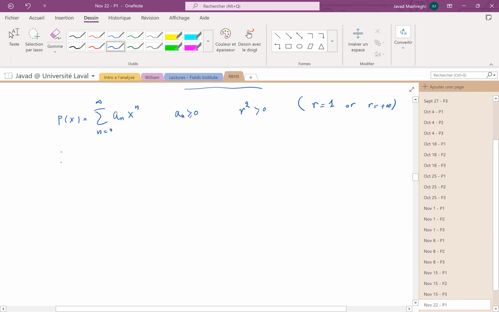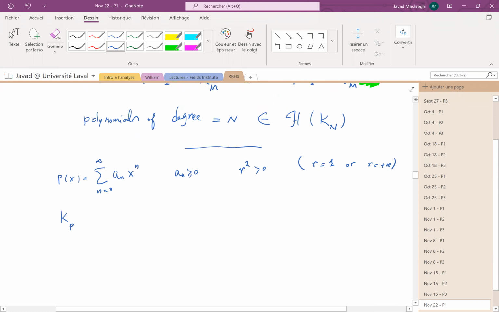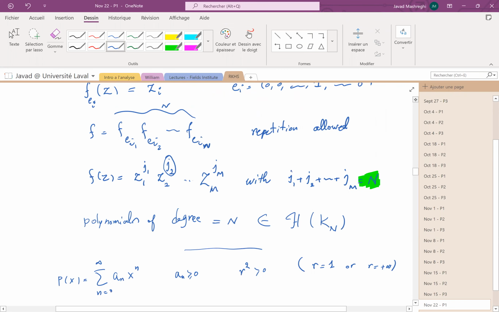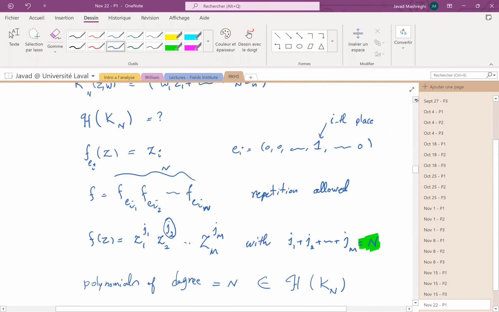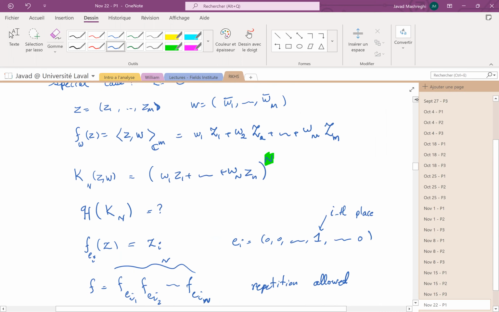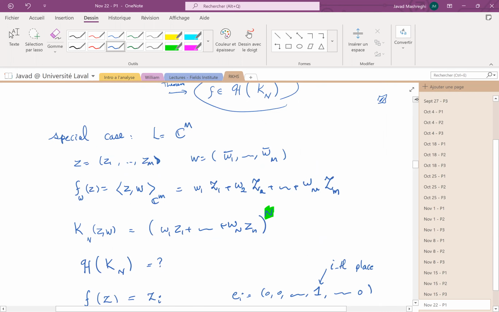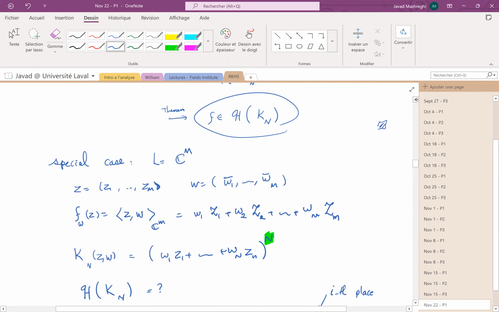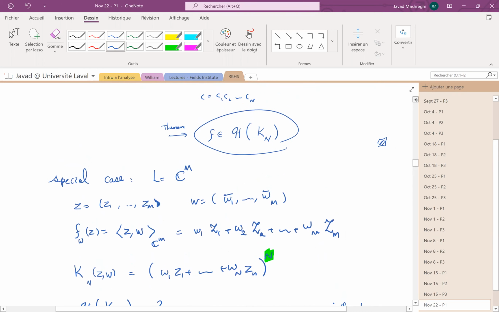And K_P that we consider here in this ball, note that in the previous case, something that I should have highlighted, I highlighted at the very beginning of the talk today. This is the special case.